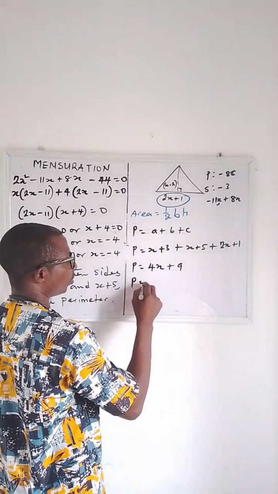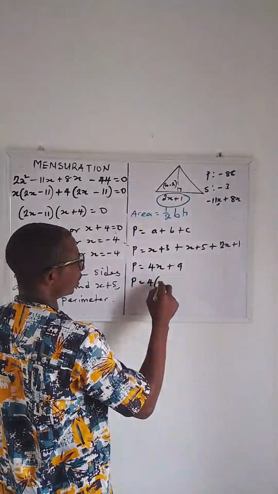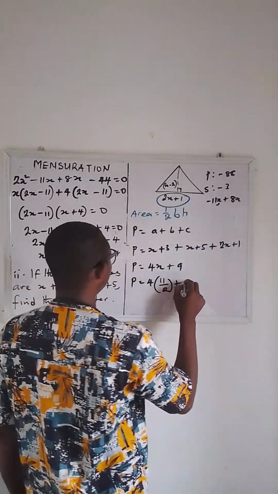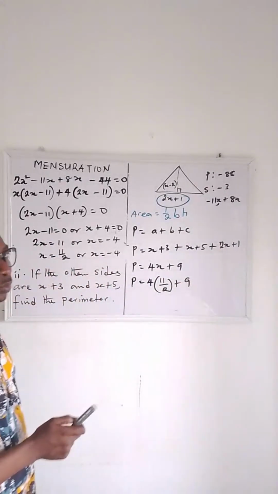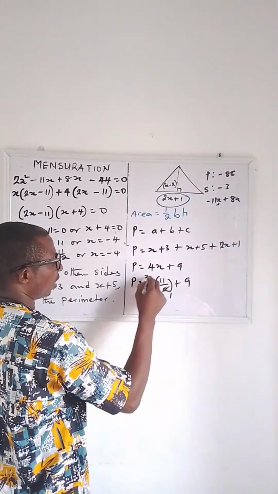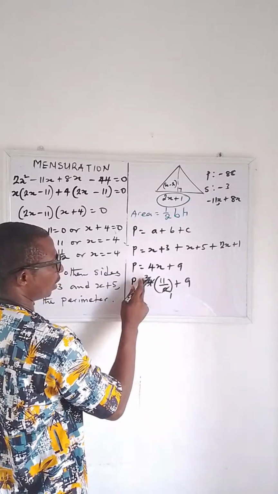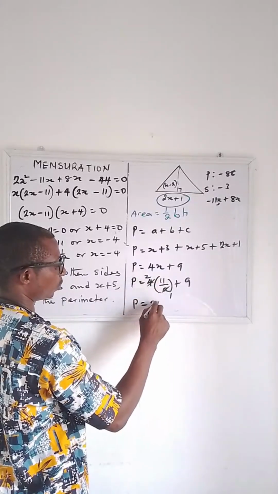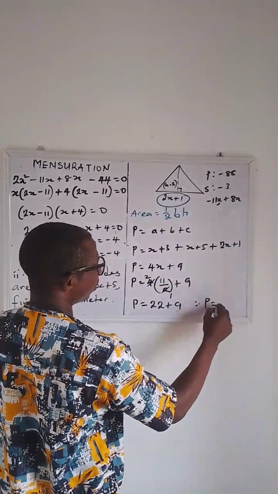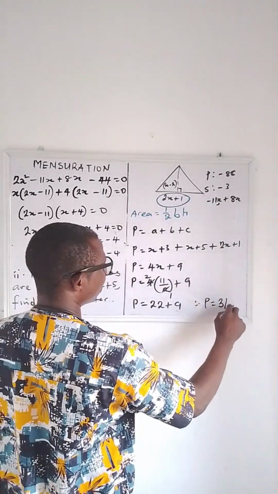We have P equals 4 times open bracket 11 over 2 close bracket plus 9. Now the 2 cancels the 2 here, so we have 2 times 11, that's 22, plus 9. So therefore, the perimeter equals 31 centimeters.